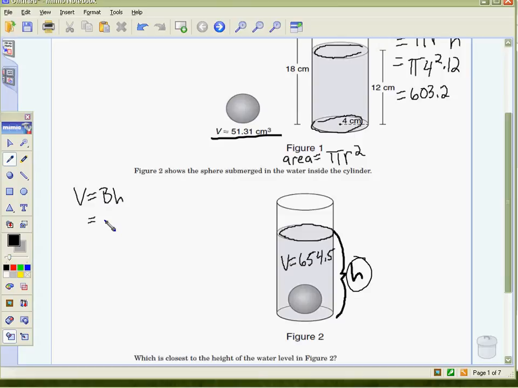We've already determined the area of the base is pi r squared, then times the height. And my base doesn't change. The water level is just going to get higher. So my radius is still 4 times the height, which we don't know, but we do know this volume here. It's 654.5.